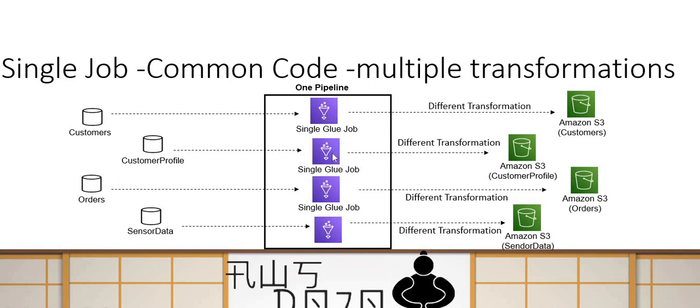But still, when this job runs for customers, it does a different transformation. When it runs for customer profile, it does a different transformation, and so for orders and sensor data. That means I can meet a requirement where I have a single pipeline and a single job, but each run is actually doing a different transformation depending on the table specific requirements.